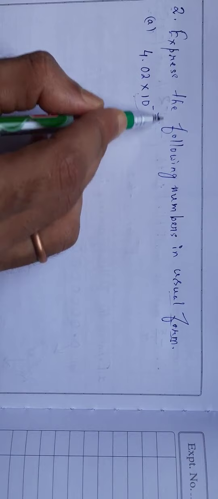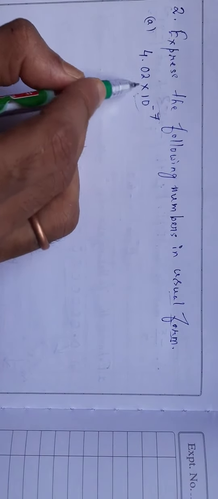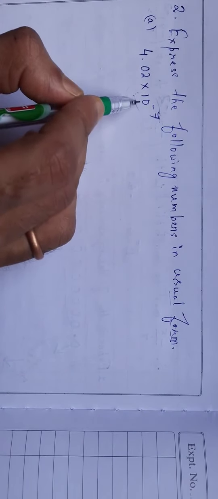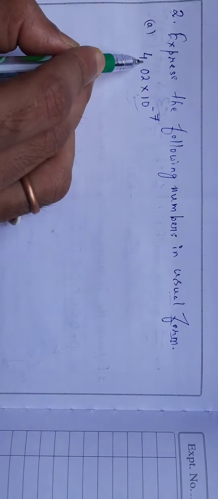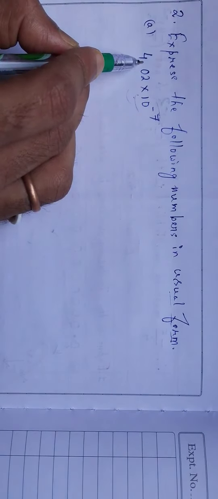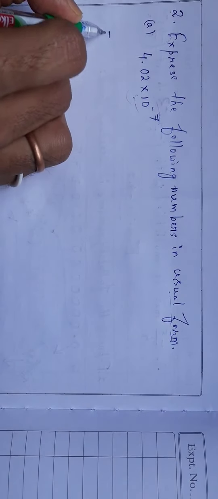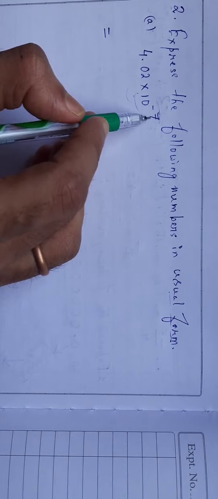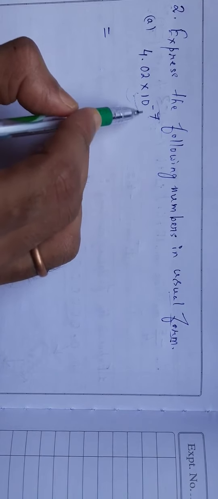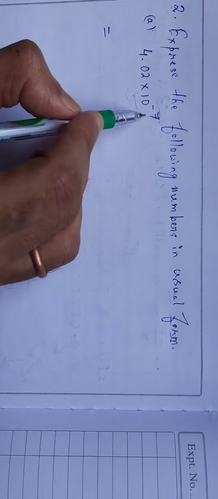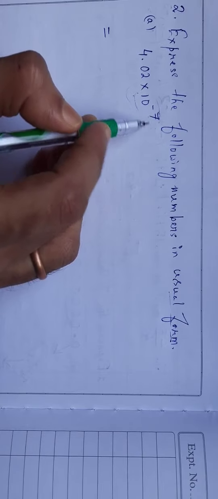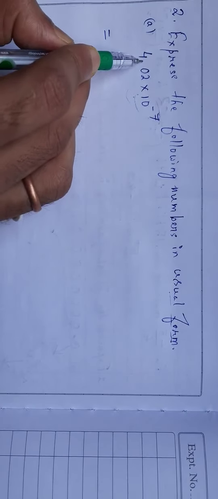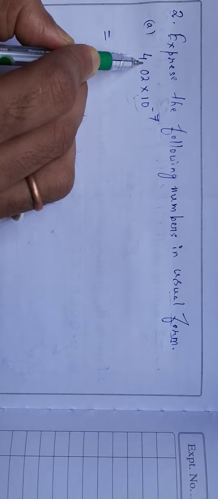Here the exponent is negative. Since the exponent is negative, I will shift my decimal point to the left hand side. Here they have written 7, so that means 7 digits will be shifted to the left hand side after the decimal point.